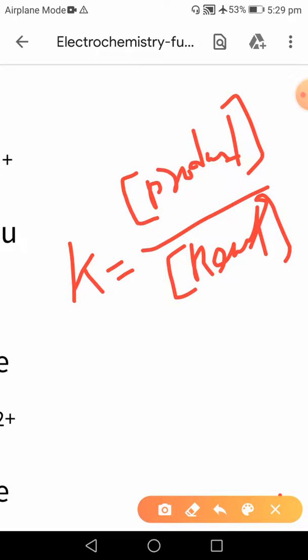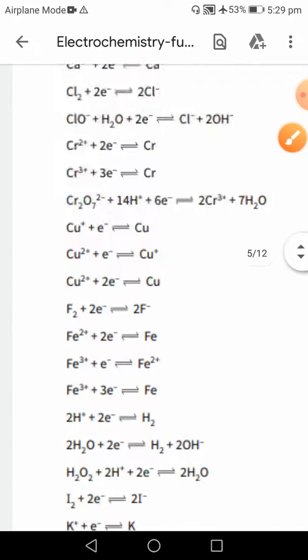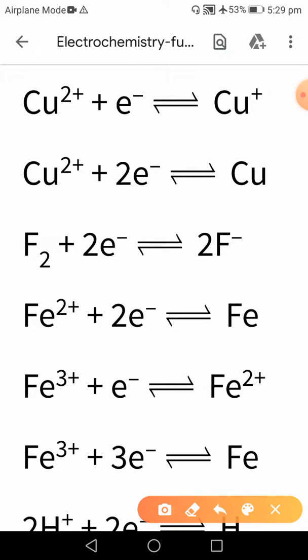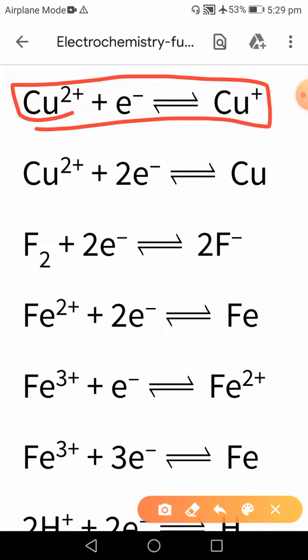Here in the electrode equation, the right side has the reduced form and the left side has the oxidized form.